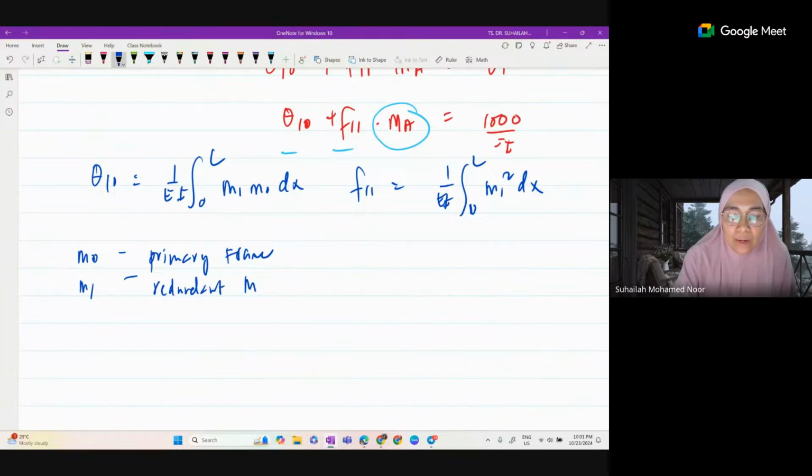The redundant is MA applied. So we will start the analysis by determining the reactions and then writing the moment equation for both M naught and M1. The redundant is MA, which means we need to remove MA from the frame.